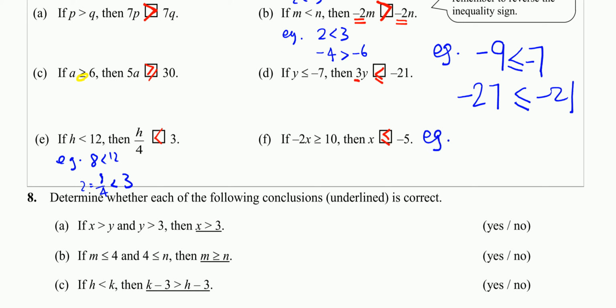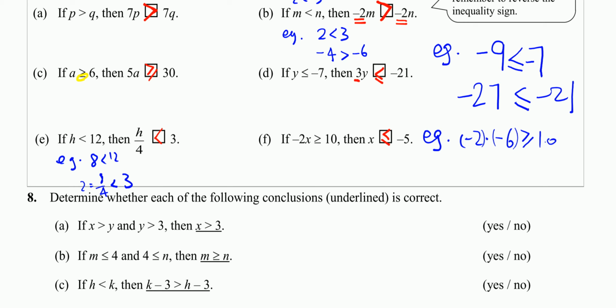Just to give you examples to be more familiar: -2 times -6, that is 12, and 12 is greater than or equal to 10.